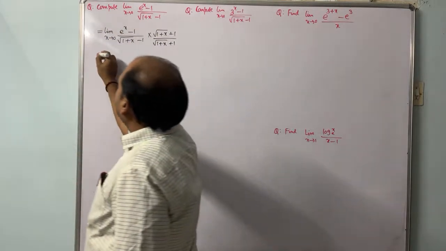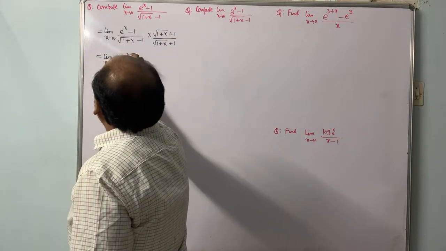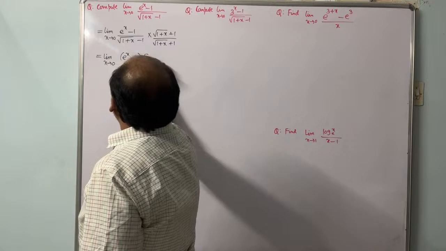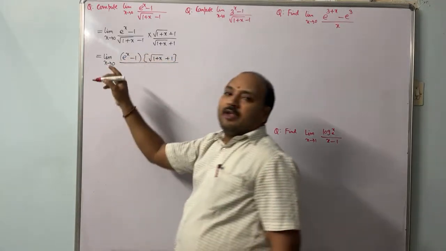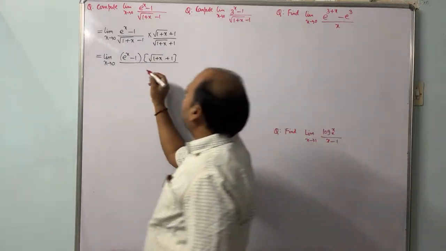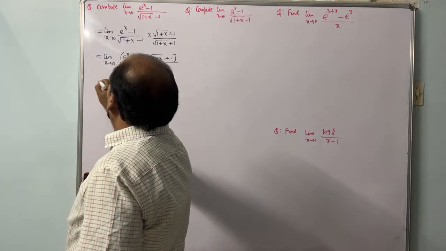So which is equal to limit x tends to 0, e power x minus 1 into root 1 plus x plus 1 divided by a minus b into a plus b, a square minus b square. So 1 plus x minus 1, minus 1 plus 1 get cancelled.